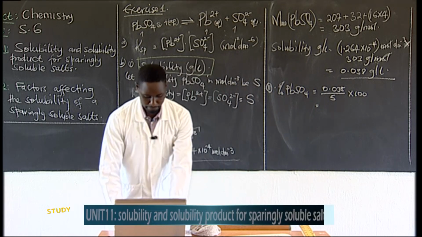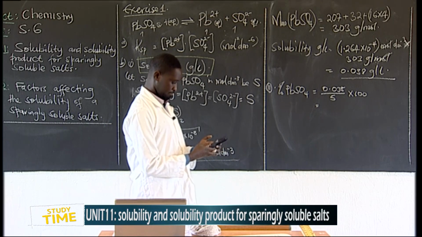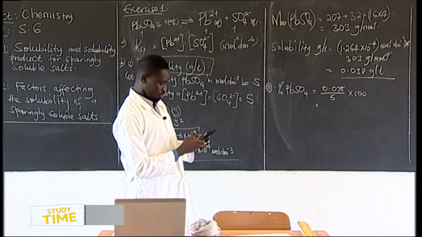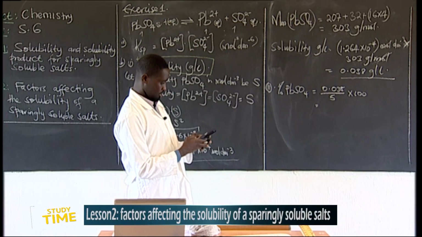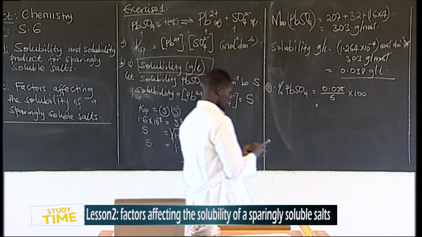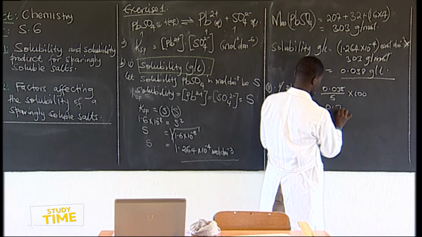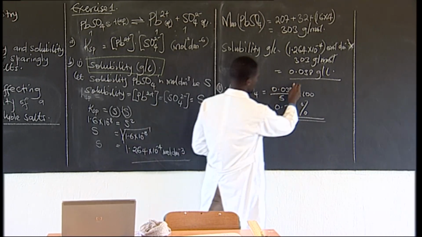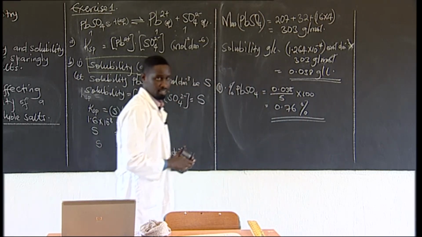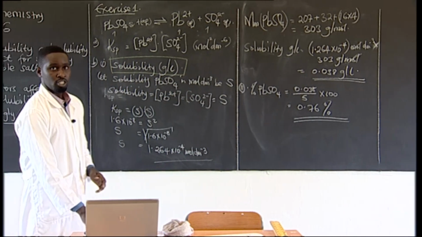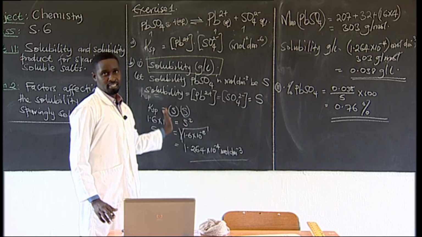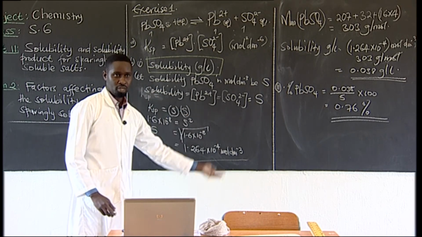What do you get? 0.038 over 5 times 100, you'll get 0.76%. So this is the percentage, and this is the specific mass that dissolved. So that is it, and that is how you can easily interpret a question of solubility, then you calculate it.